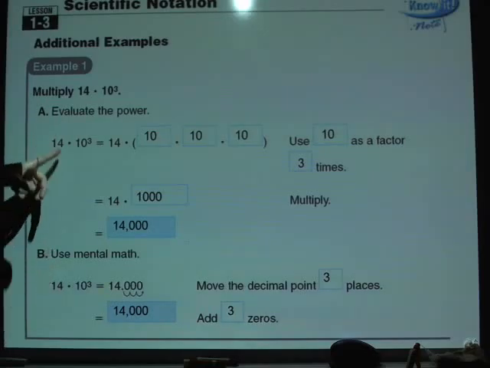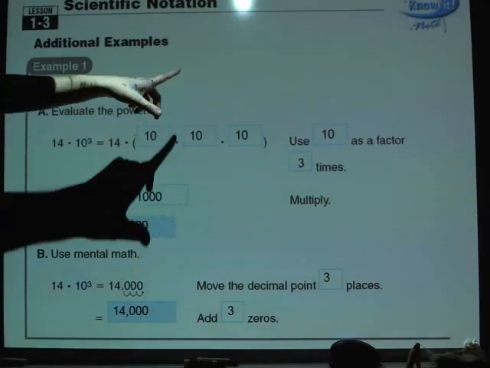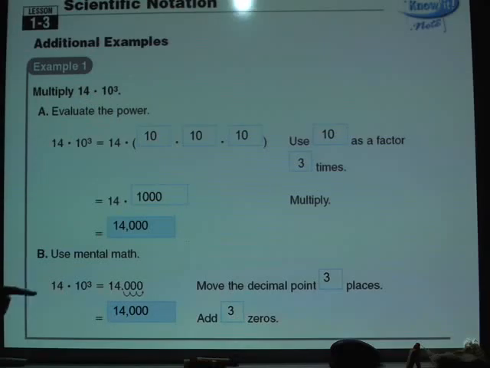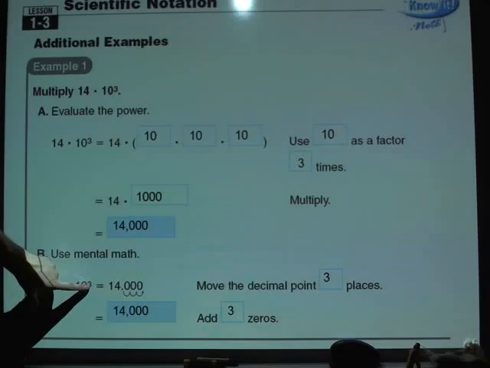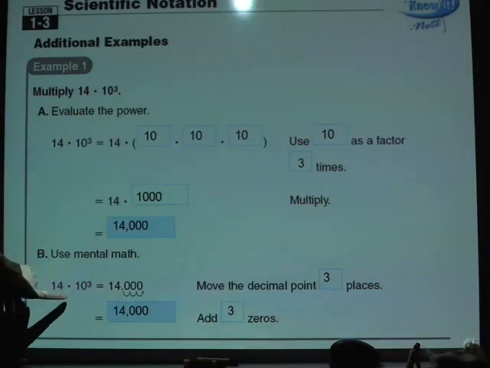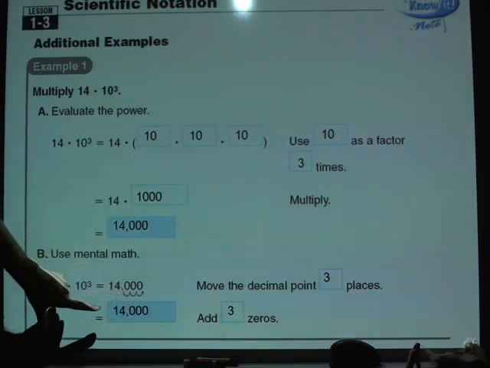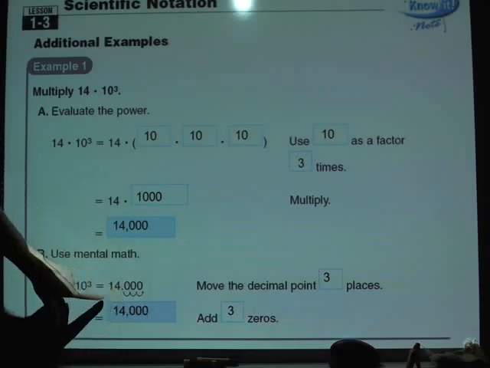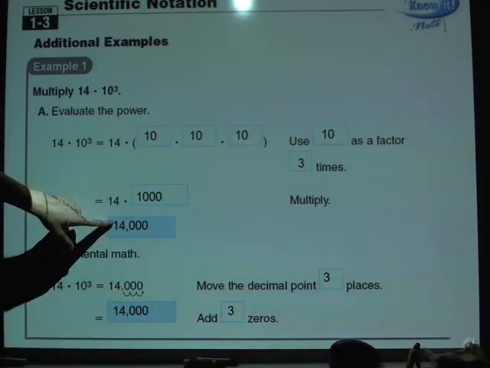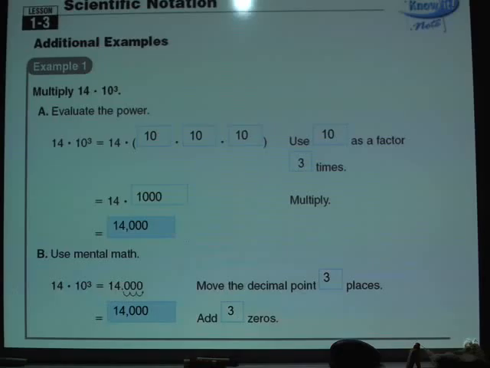So with this exact same problem, instead of figuring it out with multiplication, we just kick the decimal out 3 times to the right based on the fact that the exponent says 3. So in 14, I'm moving the decimal 3 times to the right, which is what they're showing you right here. And as you can see, that changes into 14,000. It matches our answer from above, which it logically should, but it's obviously a lot less work and a lot less writing.